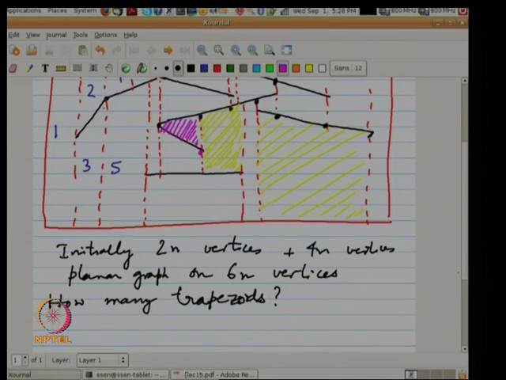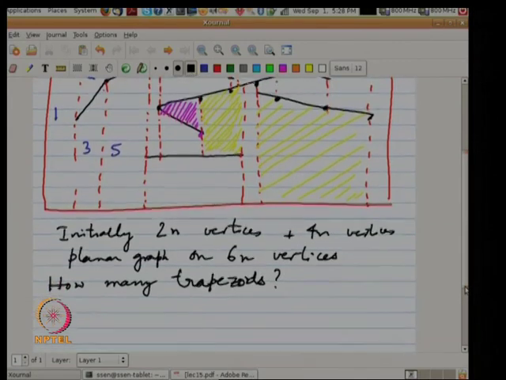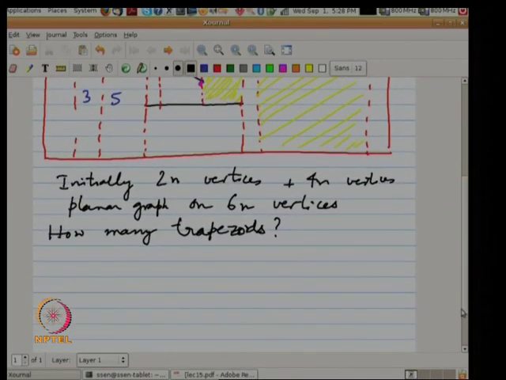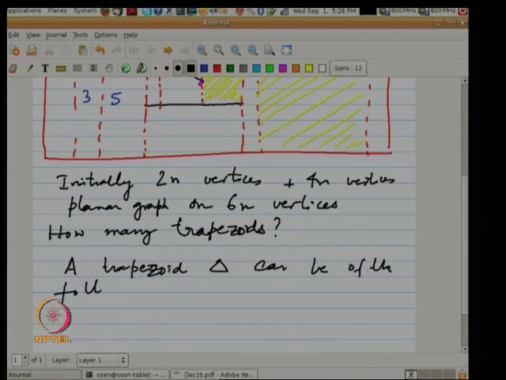Okay. So, maybe I should let me define a few things, so that will be useful for other purposes. So, a trapezoid, let us call it this, can be of the following kinds.